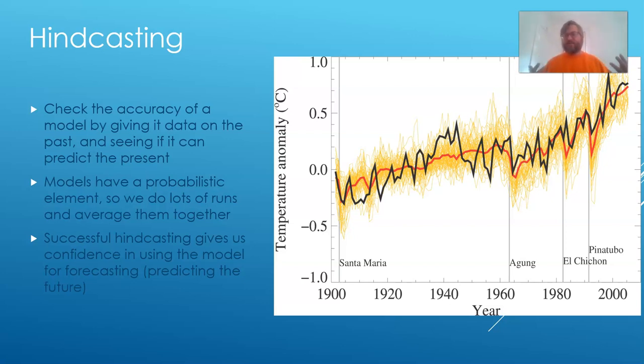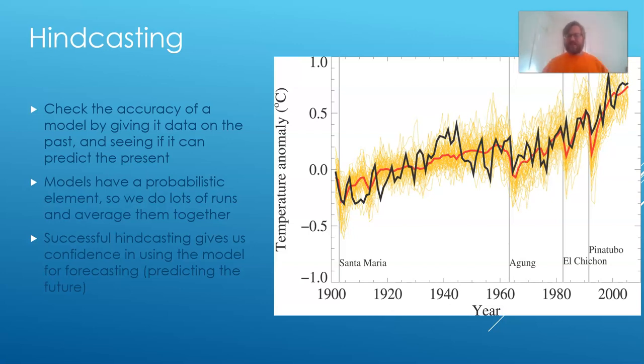So for a short period of time, a few years, we get this big boost to albedo, reflects away more sunlight, and has a temporary cooling effect on the Earth. And we can see that not only did the actual temperatures of the Earth temporarily drop after each of those big eruptions, but the model picked up on that as well. The model, knowing that there was an eruption, calculated that there would be a drop, and those drops are pretty on point. They pretty much match what actually happened in the world.